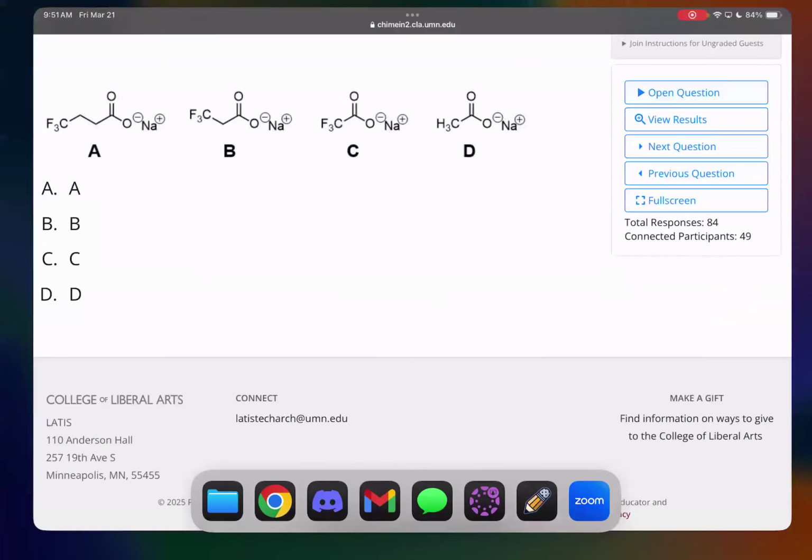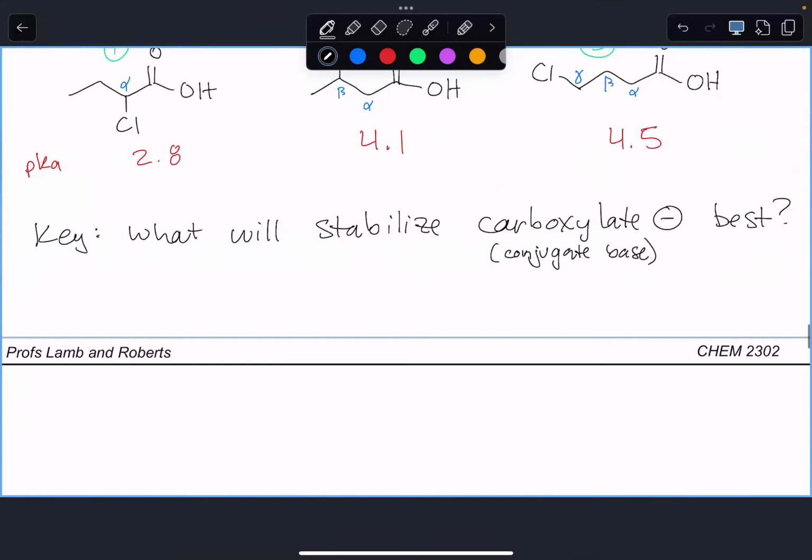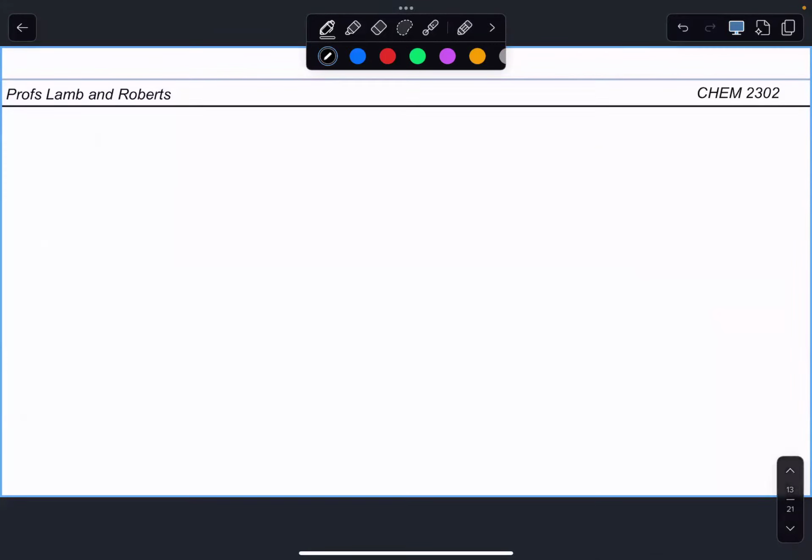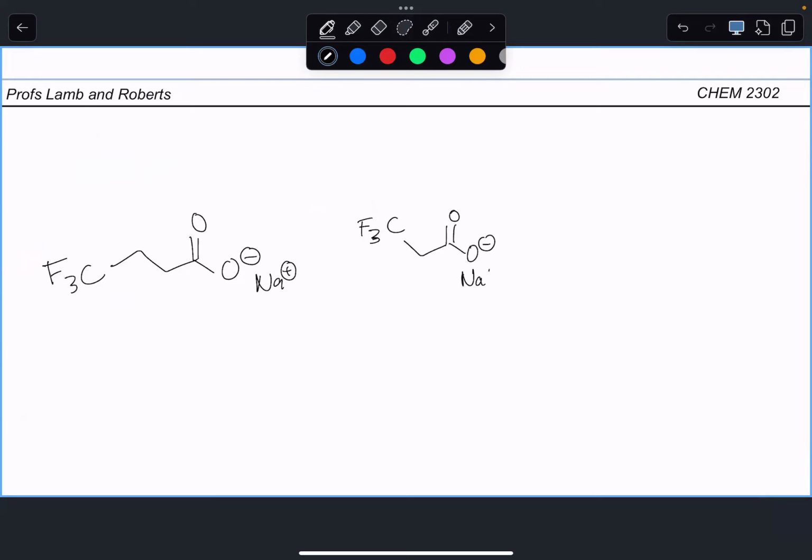Let me draw that out real quick. So we had a CF3 carboxylate. We have it one carbon closer. We have it directly attached. Or we have a CH3.